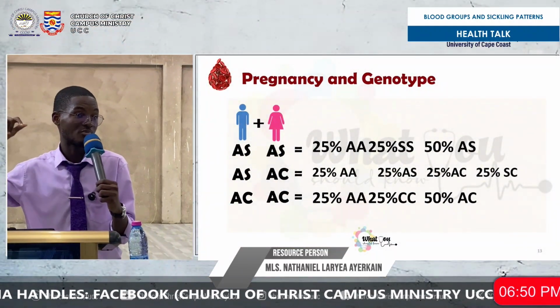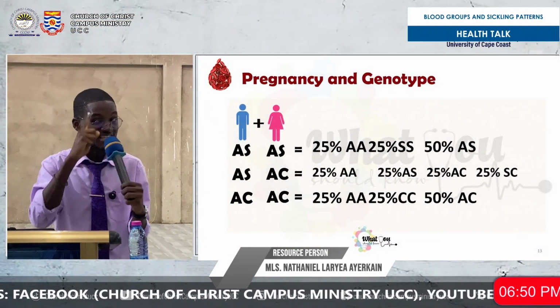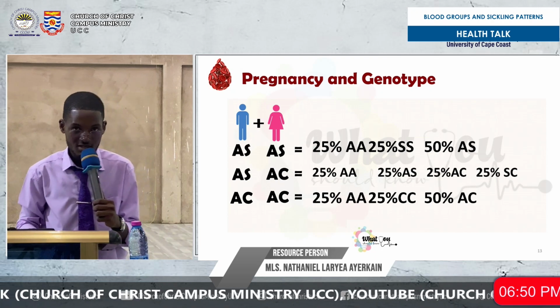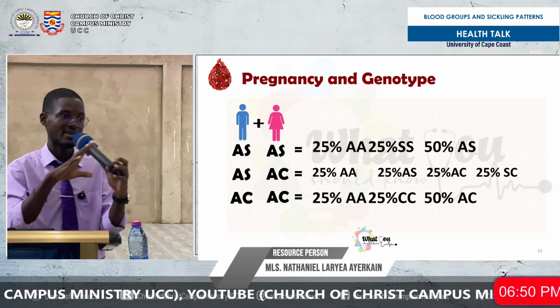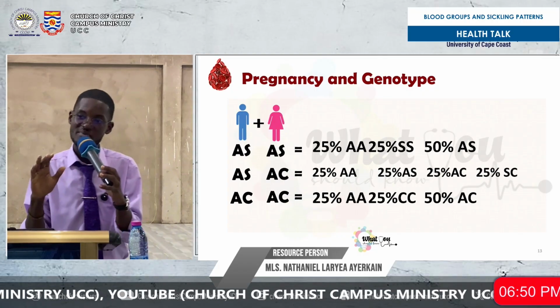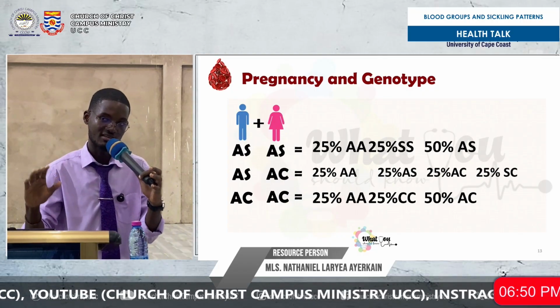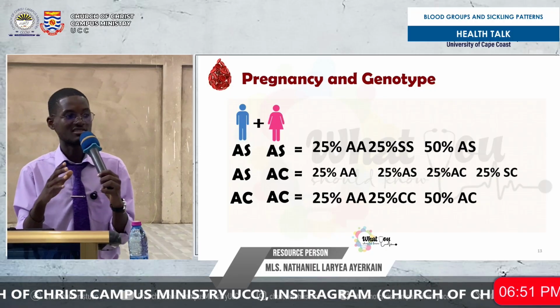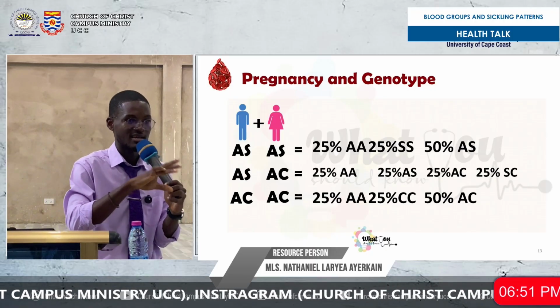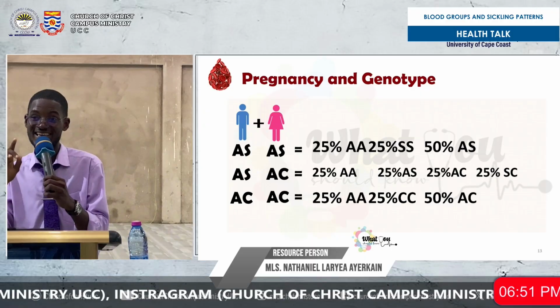So this probability, this ratio, is for each pregnancy. So for 2 different carriers, AS and AC, there's a 25% chance of having a normal person, AA, 25% chance of having a carrier, AS, 25% chance of having AC, and 25% chance of having SC.